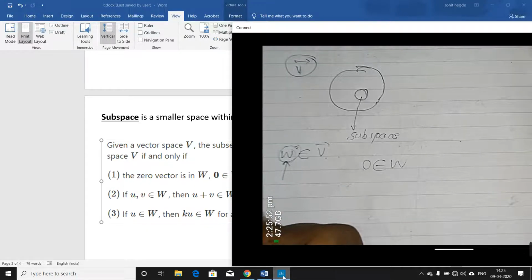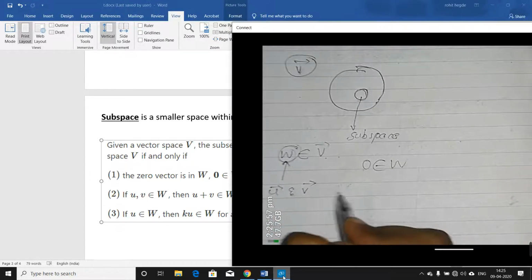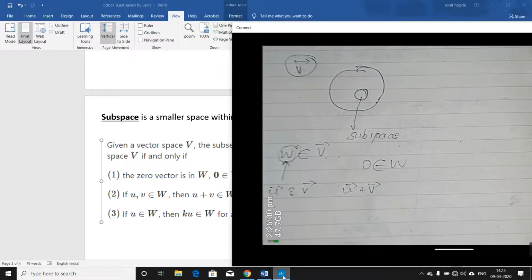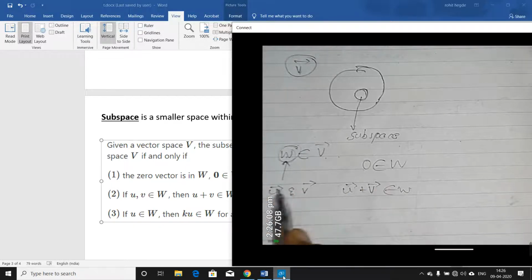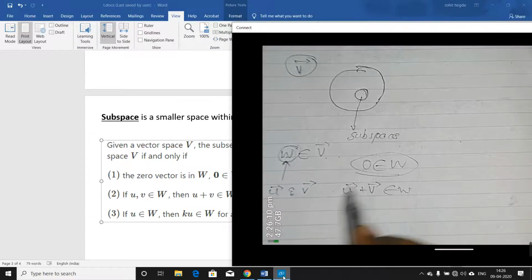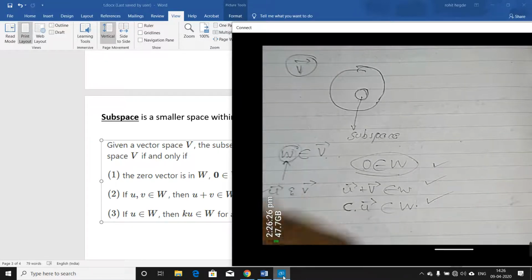Let's take a vector u and a vector v. Then u plus v should belong to W. This one is the new condition. The remaining two conditions are what we defined previously for vectors: any scalar c times this vector u also belongs to W. These three conditions have to be satisfied, then we call it a subspace.